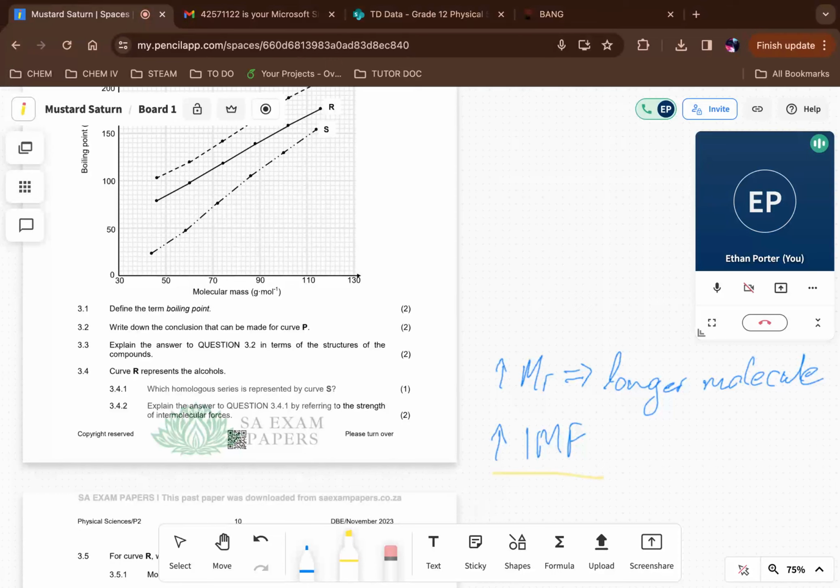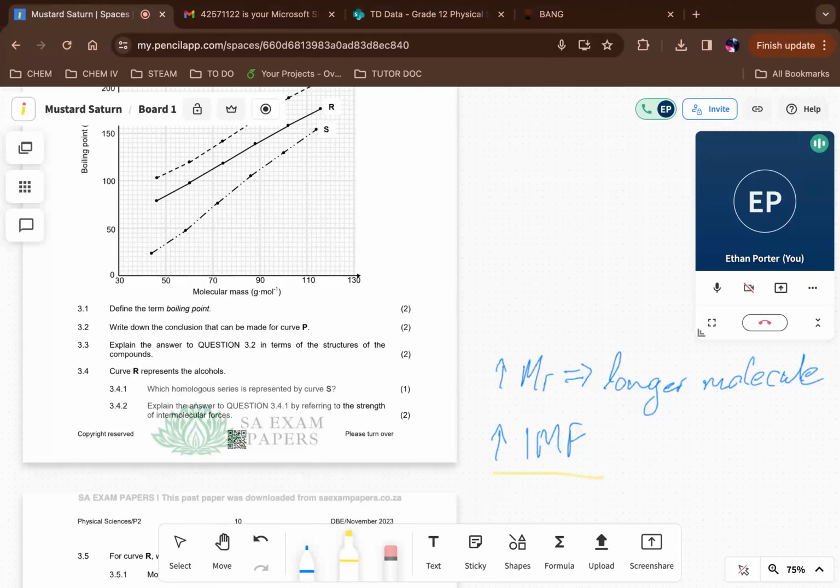So for the second mark in the question, we need to relate that to boiling point. Basically, if intermolecular forces are higher, it means you need more energy to break them. And if you need more energy, that just means that has to happen at a higher temperature. So that's how you relate. So we can say this leads to increased temperature.